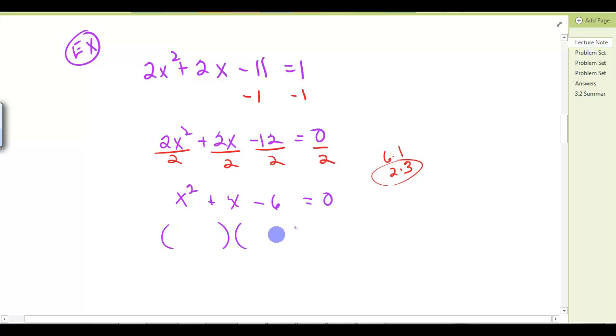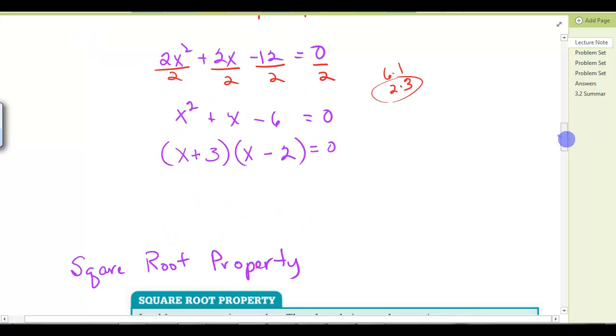So we know we're going to have an x and an x, and we're going to have a 3 and a 2. One of those numbers is positive and one's negative. We need a positive in the middle. So that tells me I'm going to have a plus 3 and a minus 2. Whenever I do that, then I usually check to make sure that I am going to get what I need. Positive 3 minus 2 does give me 1 in the middle, and 3 times negative 2 gives me negative 6.